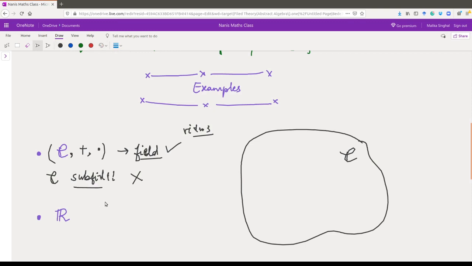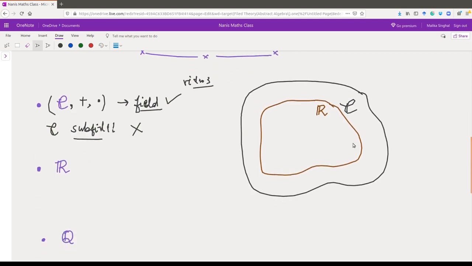So this is a field, but it is not a subfield. Now let us look at a subset of this field: the set of real numbers. We have already seen that the real numbers, together with addition and multiplication, form a field.